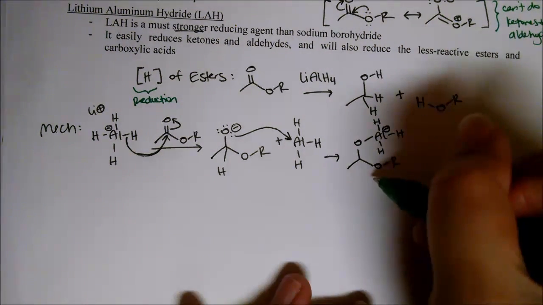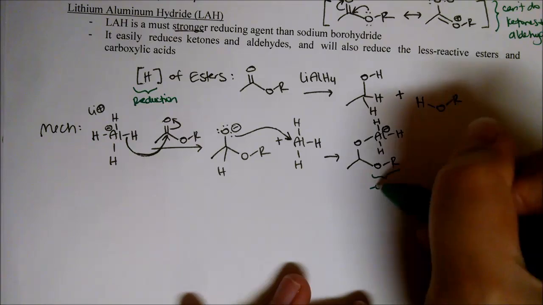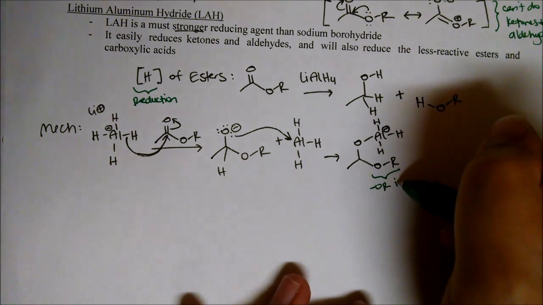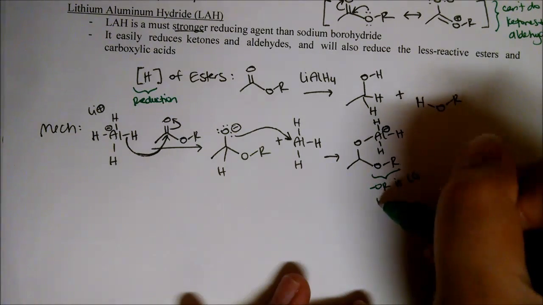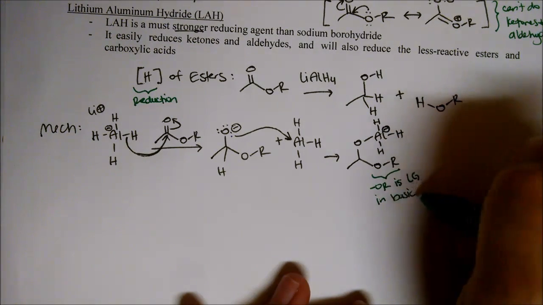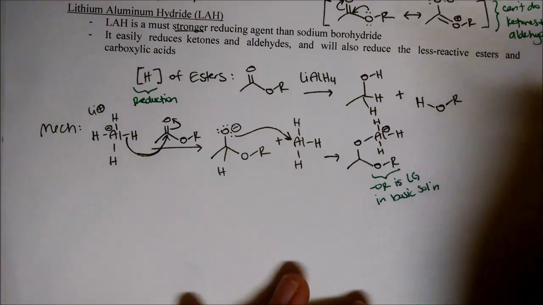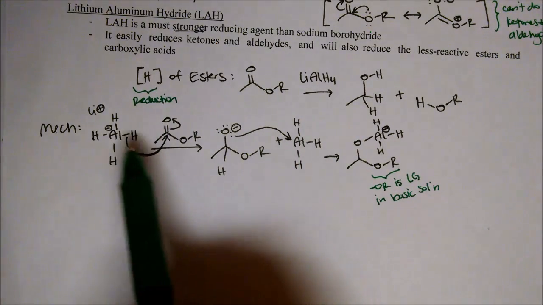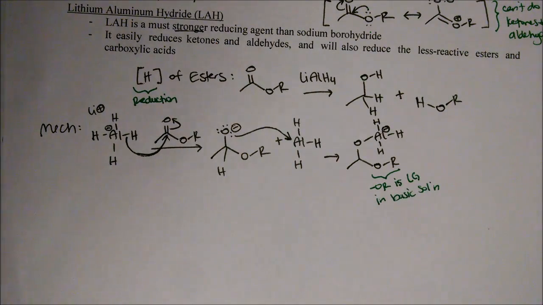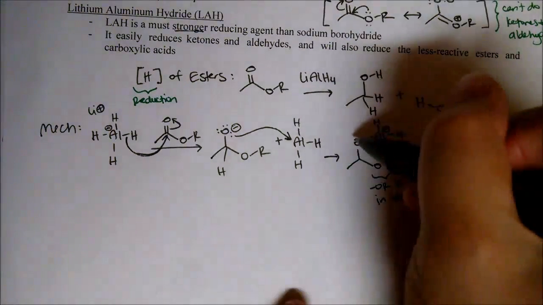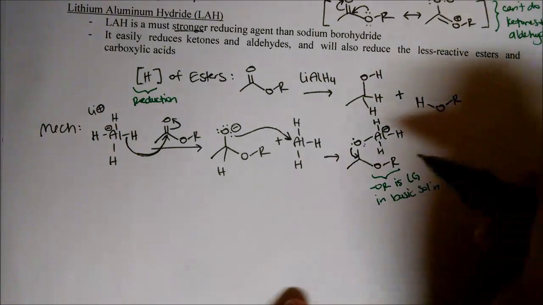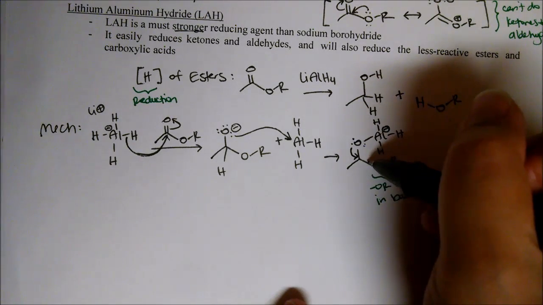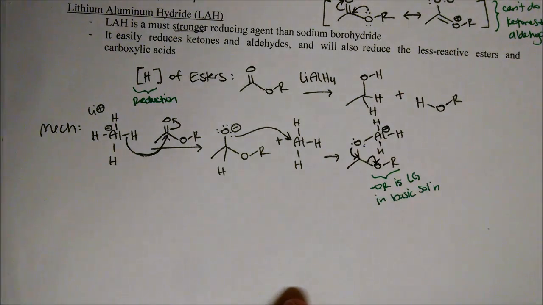This OR group is actually a good leaving group in basic solution. Since I just went over how basic these hydride reagents are, this is a basic solution. So instead of the hydride adding again, these electrons kick down and kick off our leaving group, the OR.